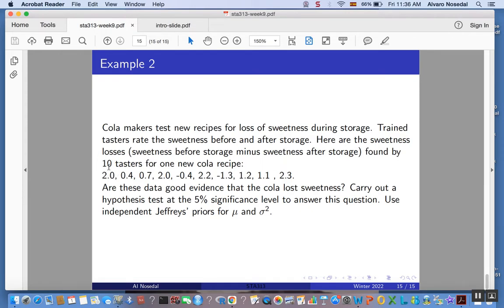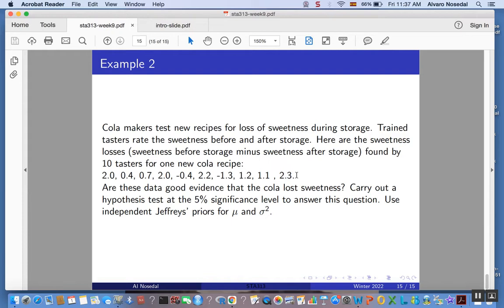For instance, the first one here, maybe the first taster assigned a 10 before storage, and then after storage, she tried the soft drink again, and she assigned an 8. So the difference between 10 and 8 is 2. And we have a similar situation for the remaining 9 observations.